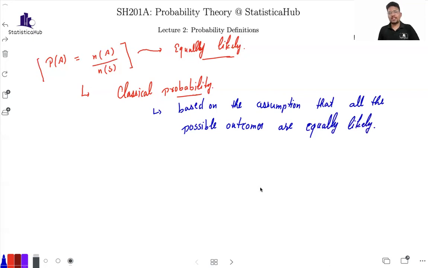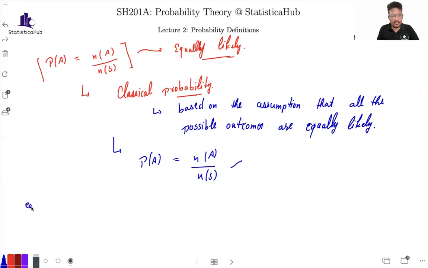Taking this concept into consideration, the probability of any event A is the number of elements in the event A over the number of elements in the sample space. Very generic, very basic, easy to understand.